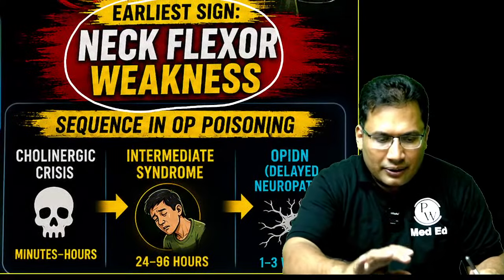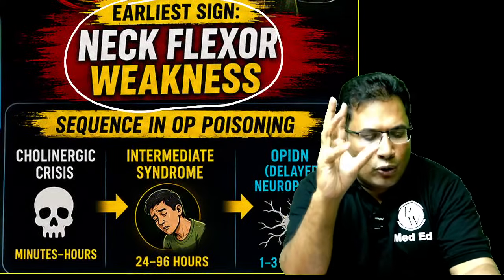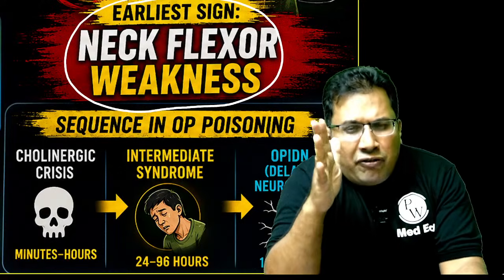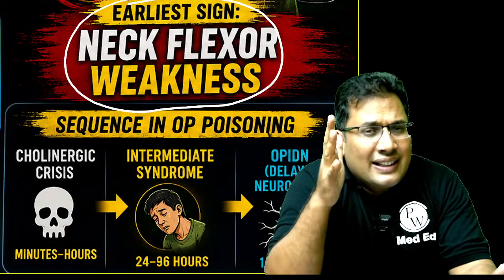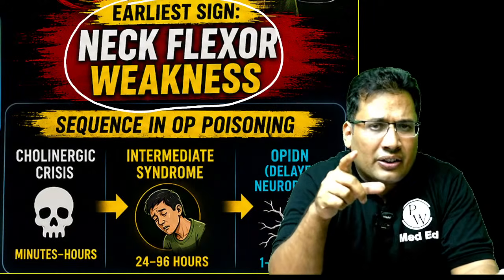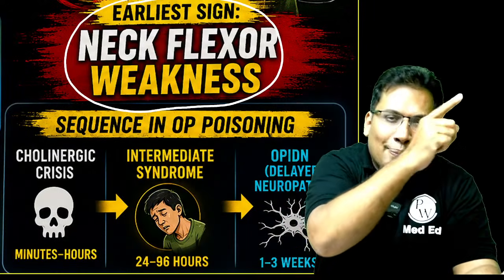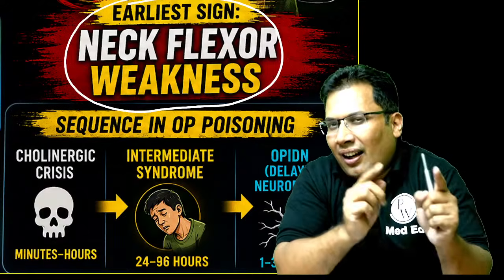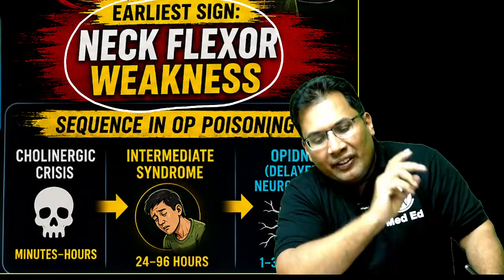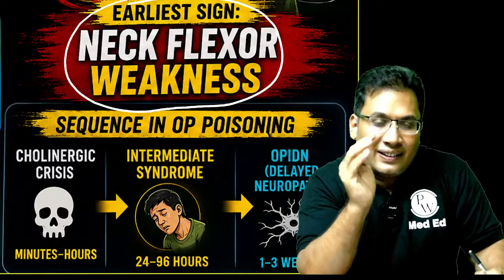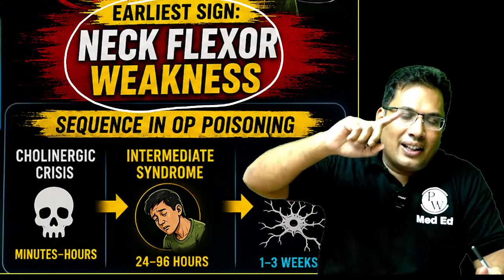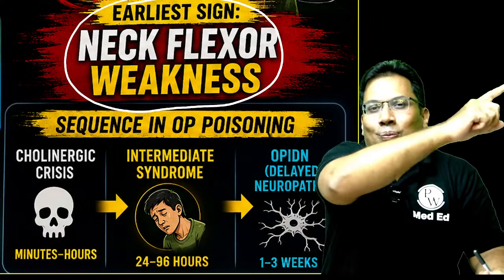Try to memorize one more very important clinical finding. Look at this. In case of OP poisoning, if weakness, signs and symptoms occur within minutes, within hours, that is basically cholinergic crisis. If it occurs after 24 hours to 96 hours, then it is intermediate syndrome.